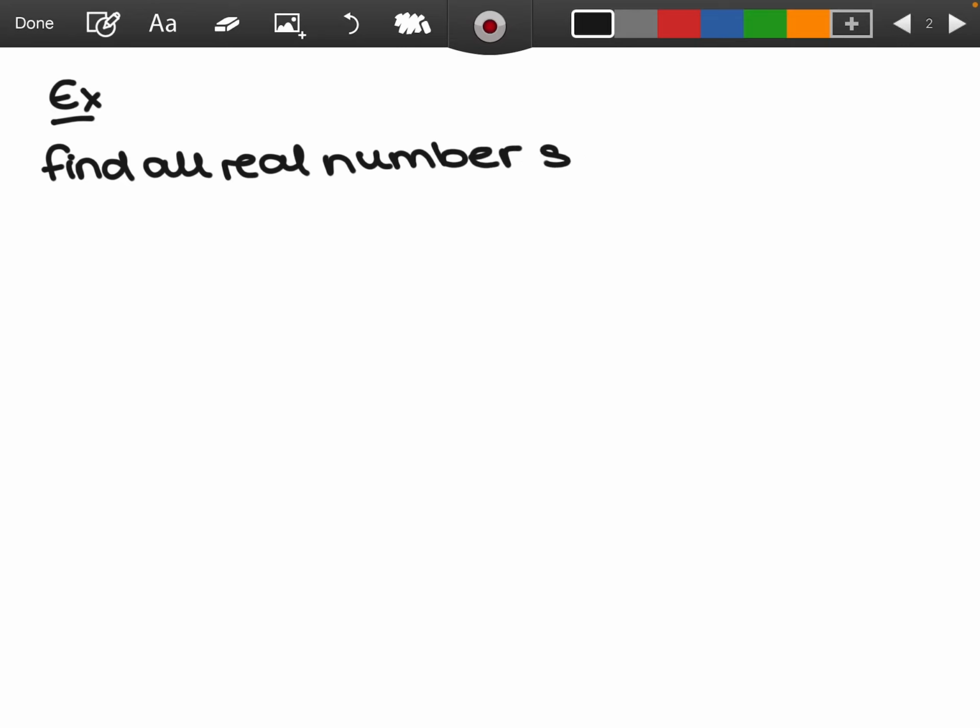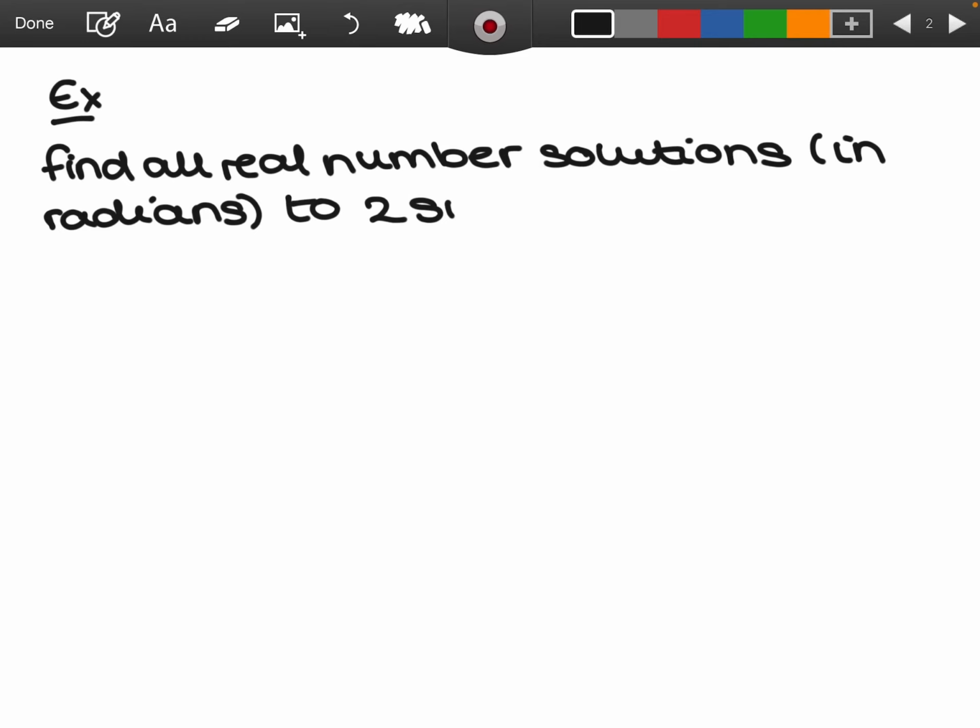Next, I'm going to look at some different problems using radians, but I'm also not going to specify an interval here. We're going to do this for all real numbers. So I'm going to find all real number solutions, and this time in radians, to 2 sine x is equal to negative the square root of 2.